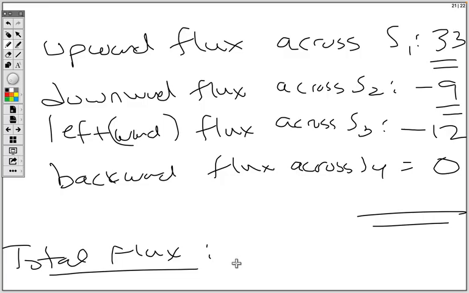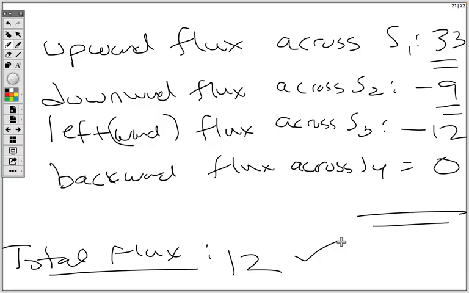Nothing's happening on S4. So you get 33 minus 21, so that gives you a total of 12. So there's still more going out than coming in.